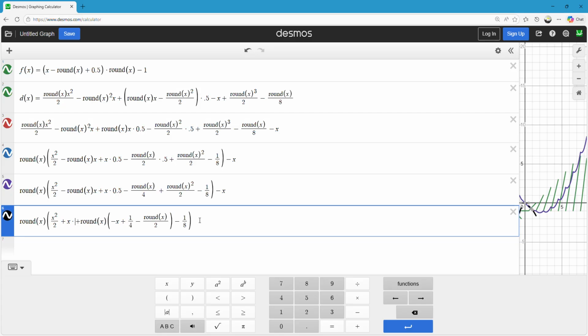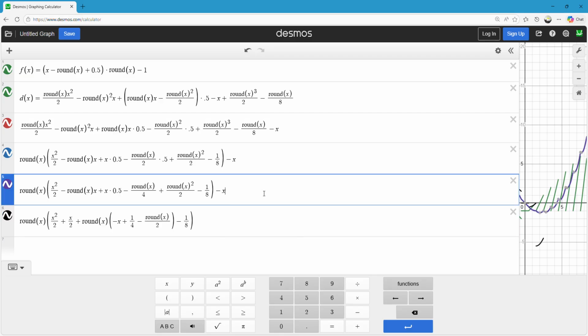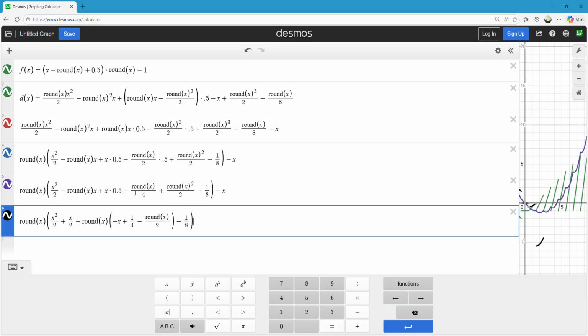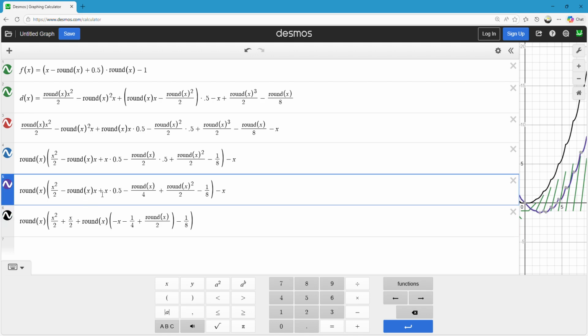That can just be x divided by 2. What did I mess up here? Took this function right here and I moved it right there.